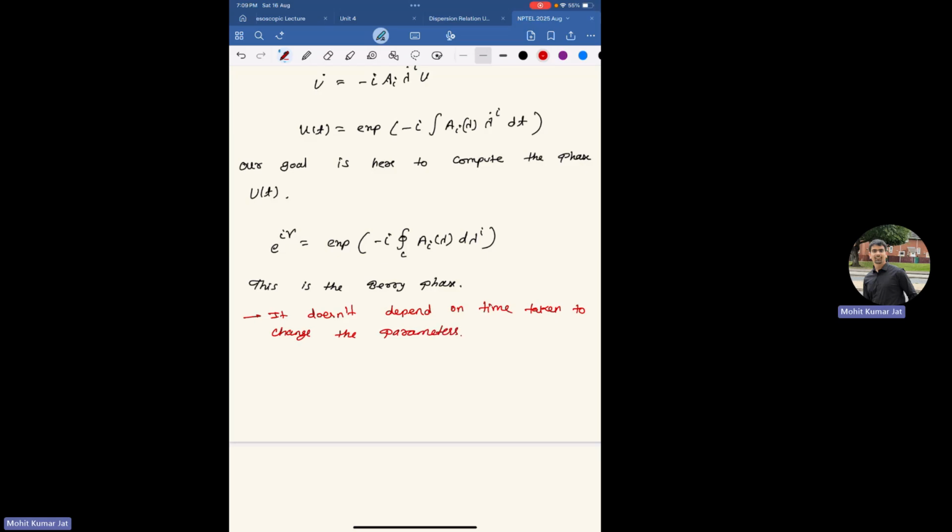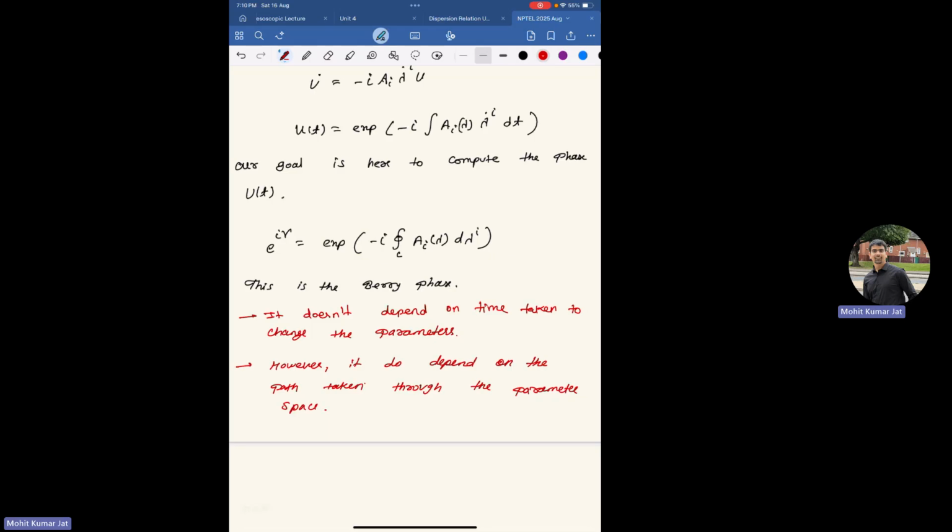However, it does depend on the path taken through the parameter space, this closed path C which you are seeing. And that's how we relate.